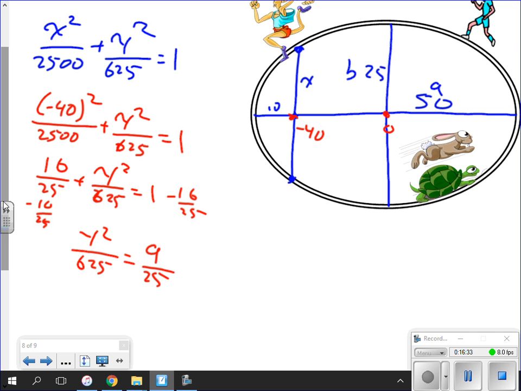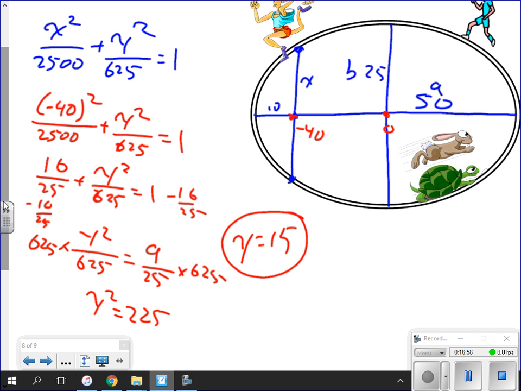Multiply both sides by 625. And you get y squared is equal to 225. Square root both sides, and you get y equals 15.